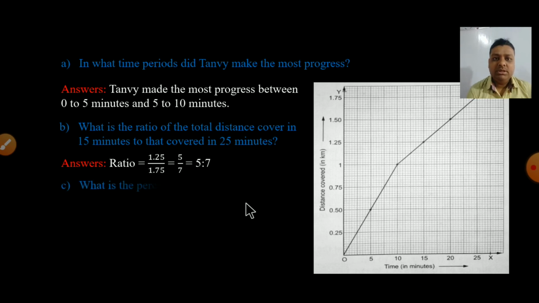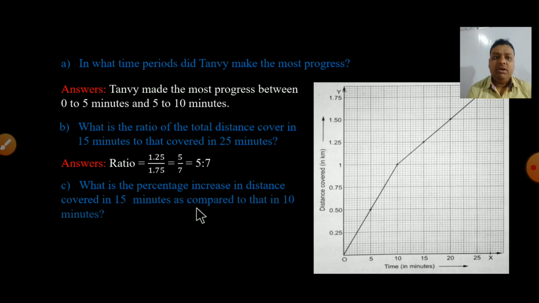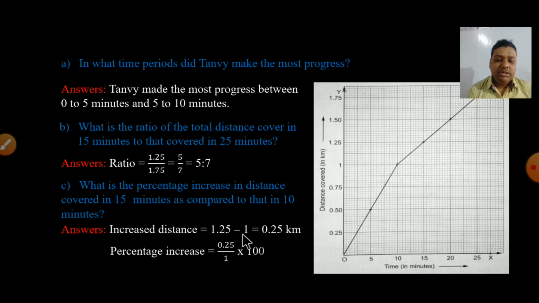Next: what is the percentage increase in distance covered in 15 minutes as compared to that in 10 minutes? In 15 minutes the distance covered is 1.25, and in 10 minutes the distance covered is 1. The increased distance is 0.25 kilometer, and it is compared to 1.